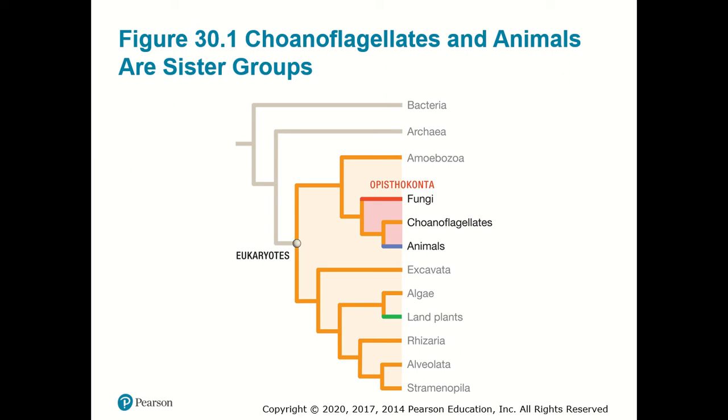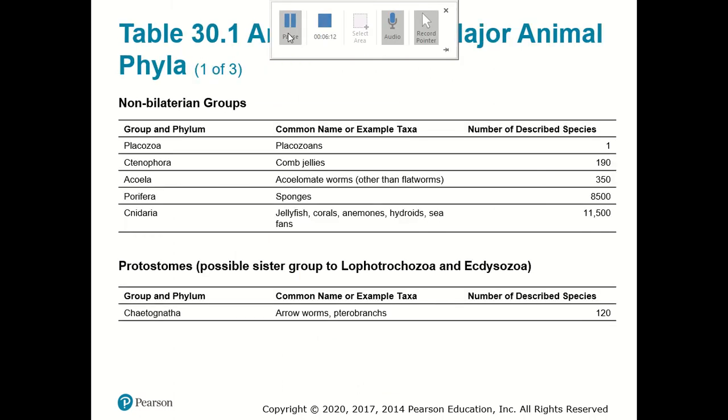Animals do have a nervous system, which works together with the muscular system in order to achieve movement. So here are the major animal phyla, of which there are about 30 to 35. They're all divided up into a few smaller groups.